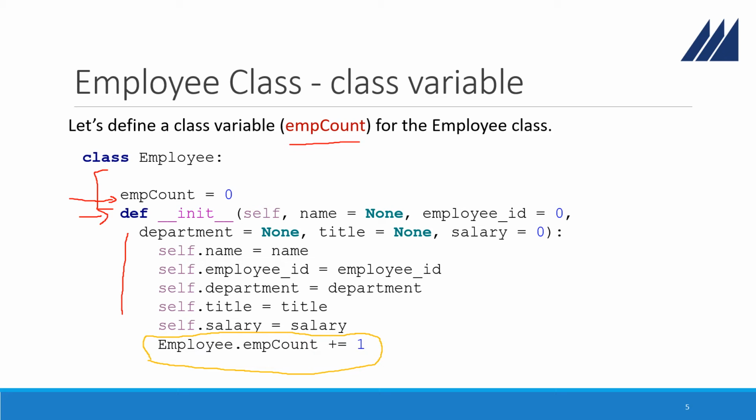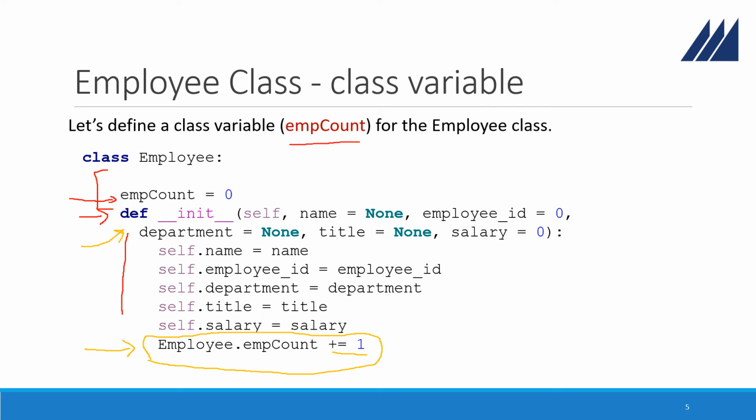So whenever this method gets invoked, that means a new employee is being added, or a new object from the class Employee is created. That being said, when I create a new employee, the number of employees is going to increase by 1. So I want to make sure that I always add 1 to the current employee count.